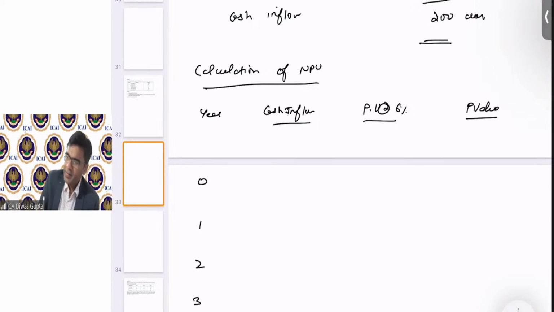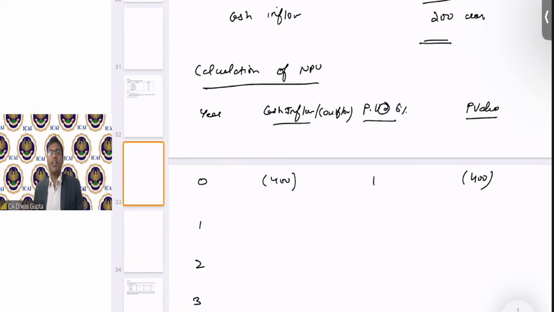So at 0, there is a cash outflow. How much is it? 400 crore. Present value factor will be 1, and hence the present value will be 400 crore. Then comes 200, 200, 200, which is the yearly cash inflow.